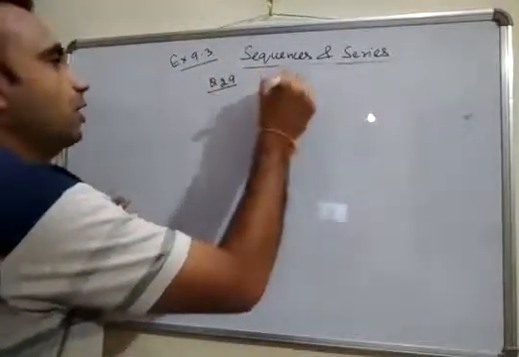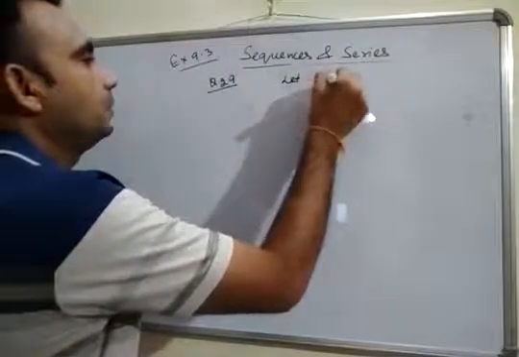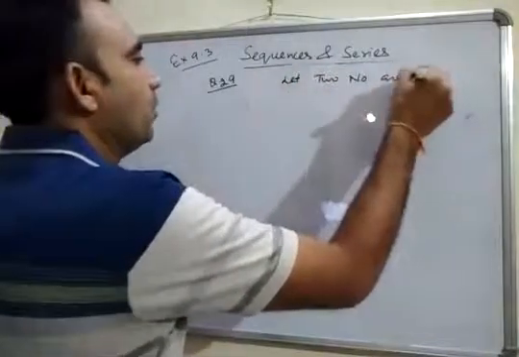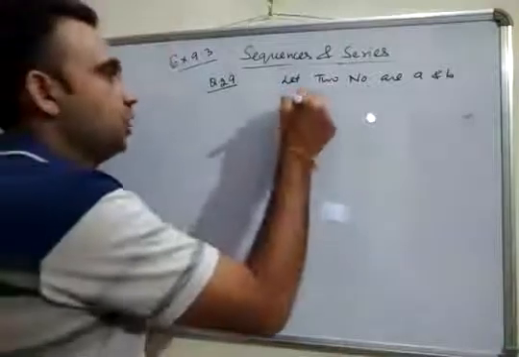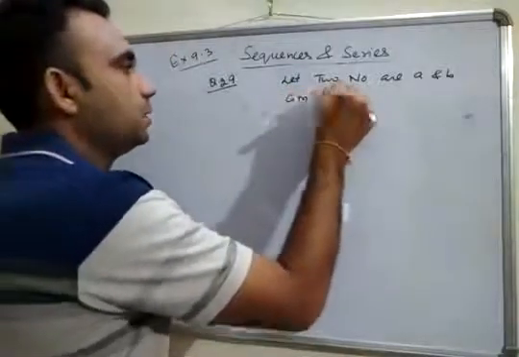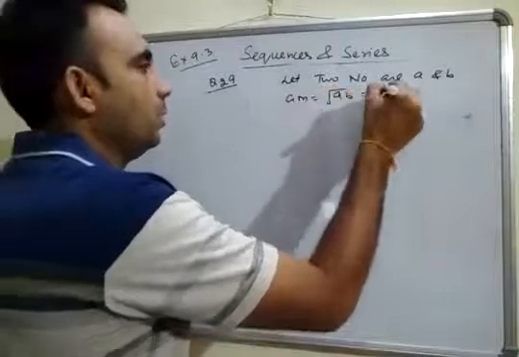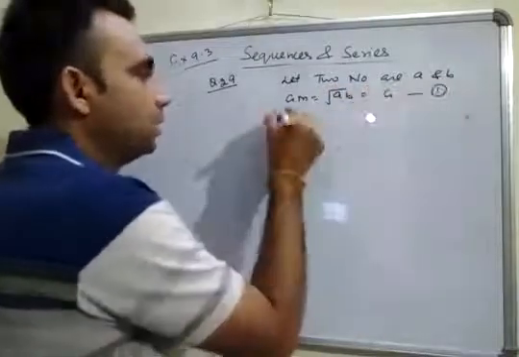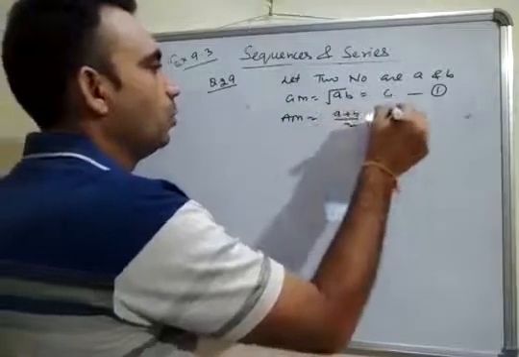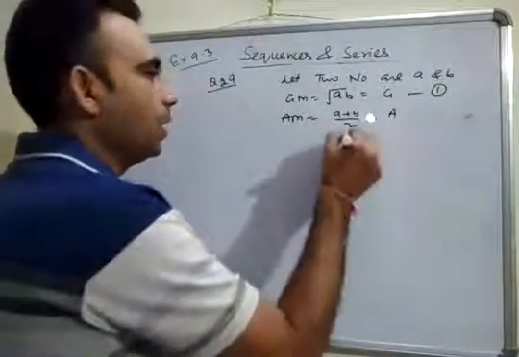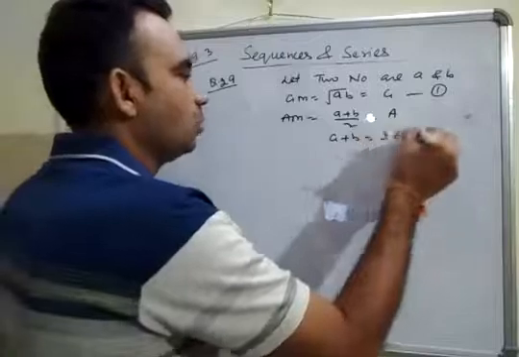Question number 29. Let two numbers are A and B. So given GM, GM is equal to what, under root AB, or under root AB is equal to G, and AM is equal to A plus B upon 2 implies A, or A plus B is equal to 2A.